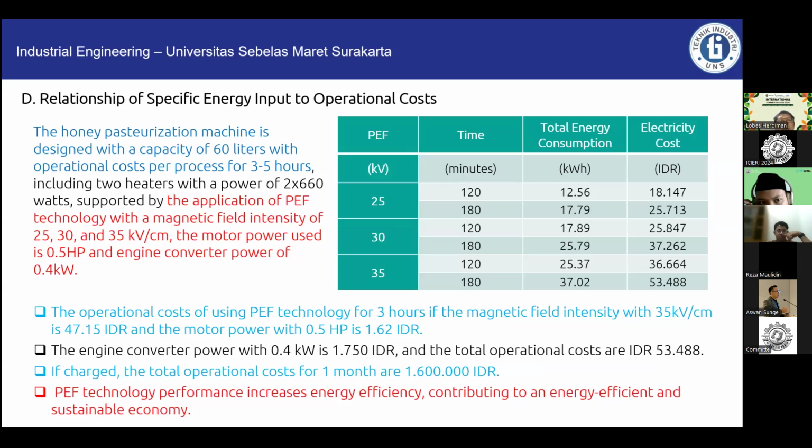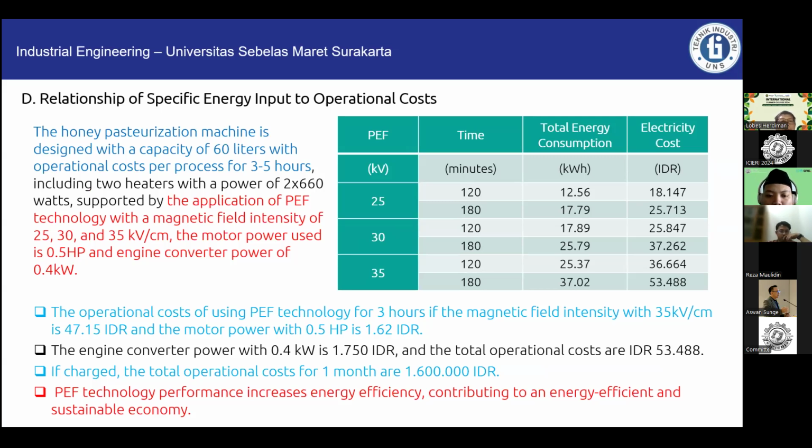Relationship of specific energy input to operation cost. The operation cost using PEF technology for 3 hours, if the electric field intensity is 35 kilovolt per centimeter, is 47.15 IDR, and the motor power with 0.5 HP is 1.62 IDR.